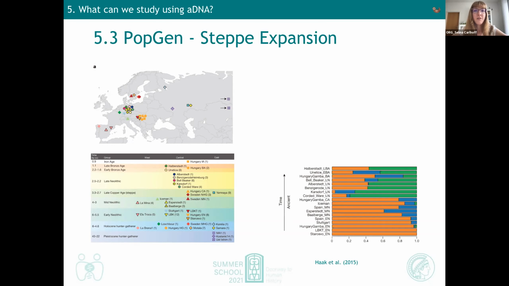And in this study, they found that when you model, so this is an admixture proportion graph, and I'm just quickly going to walk through it because you will encounter these a few more times and maybe you're not that familiar with them.